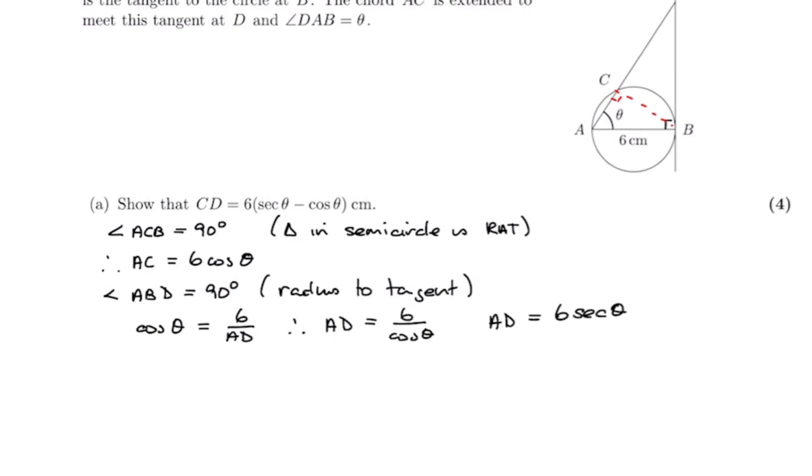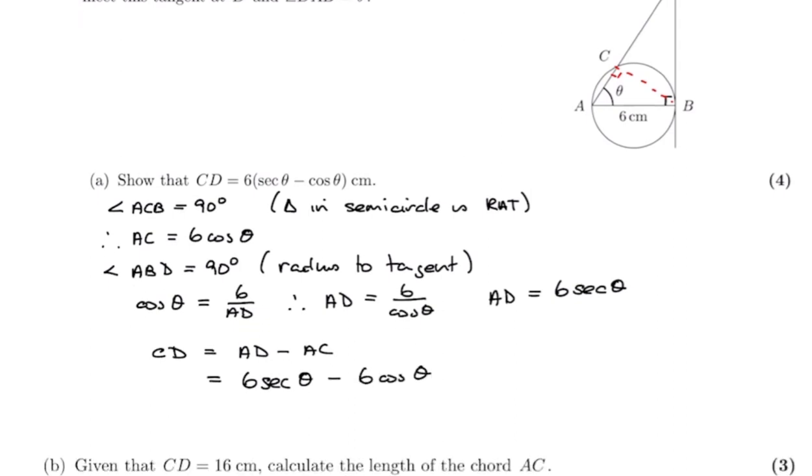Now, therefore, CD is AD minus AC. We know that AD is 6 sec theta, and AC is 6 cos theta, and therefore we just pull out 6 as a common factor, and we get 6 lots of sec theta minus cos theta, which is what they wanted.